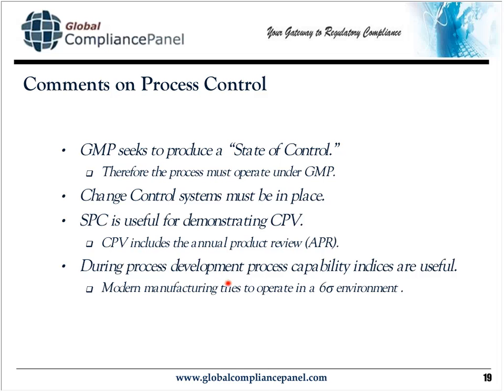But modern manufacturing, and I would say this is since the 1980s, people have tried to target a plus or minus 6 sigma environment, not a plus or minus 3 sigma. But to get to 6 sigma, you need to have very good control, and you have to have a very stable process. So this is something that you do want to look at in your work.